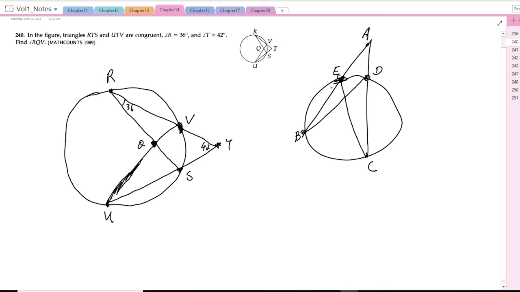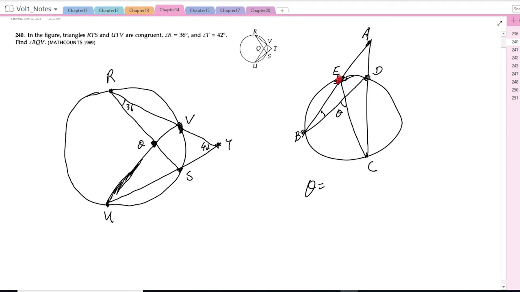I have two chords, BD and CD, and the extension meets at A. So if I want to know this theta, you can see theta is the exterior angle of this triangle.